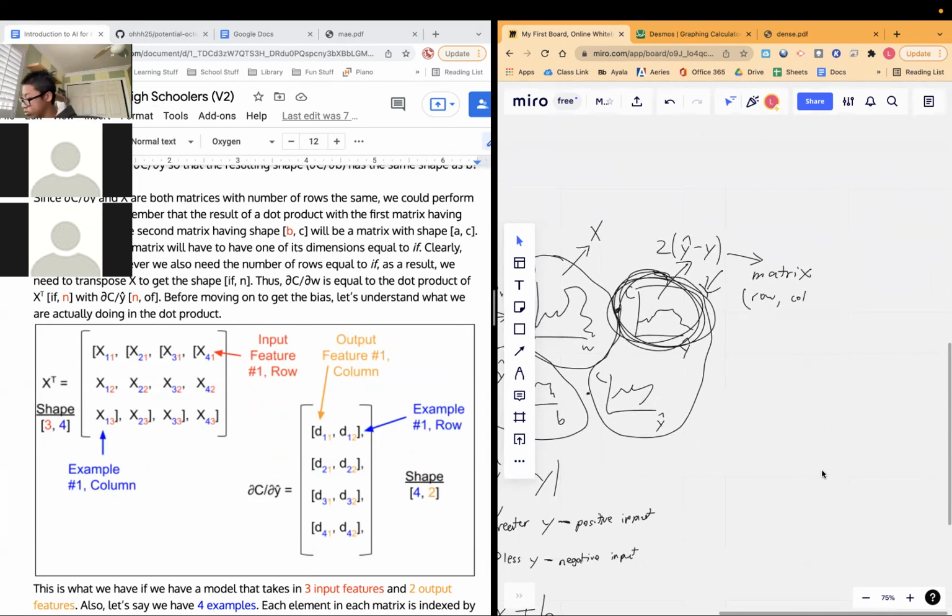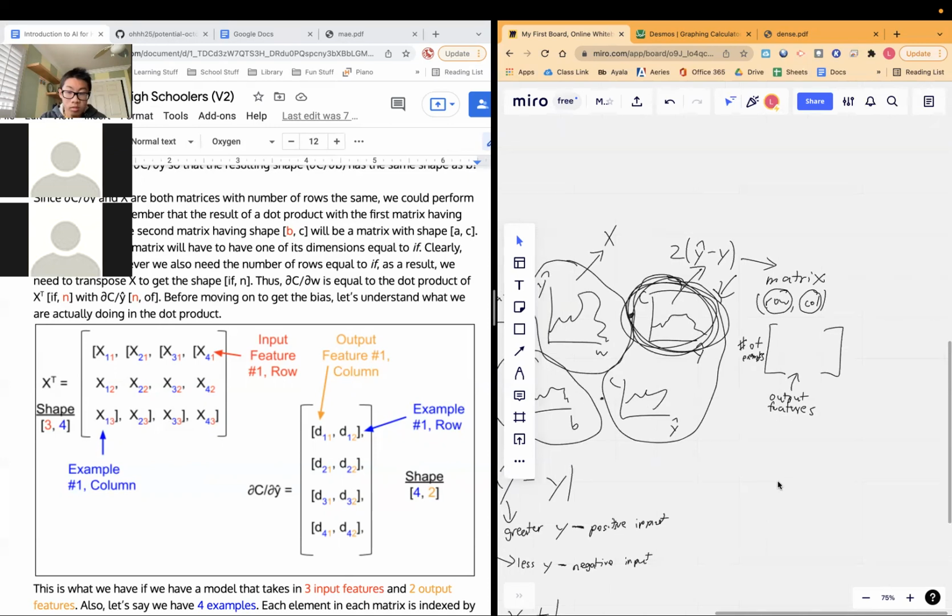So the number of rows is going to be equal to the number of examples you have, and the number of columns is going to be equal to the number of output features you had, because you need to calculate the slope of every single example's output.